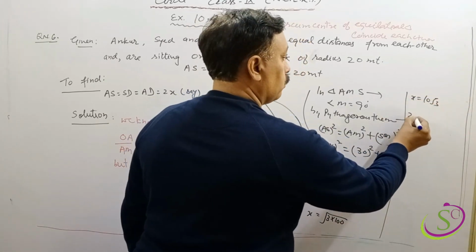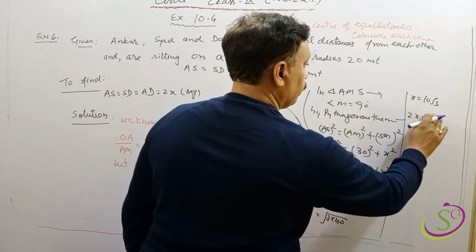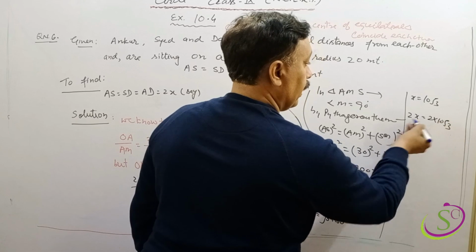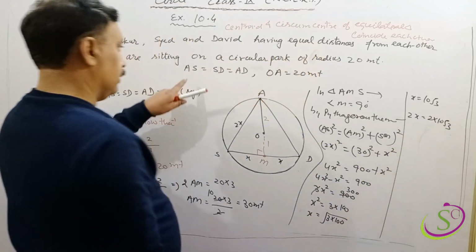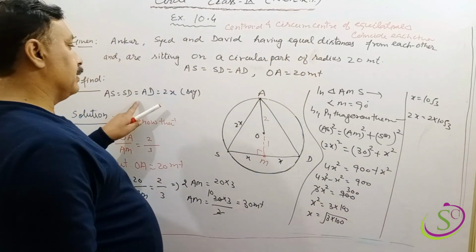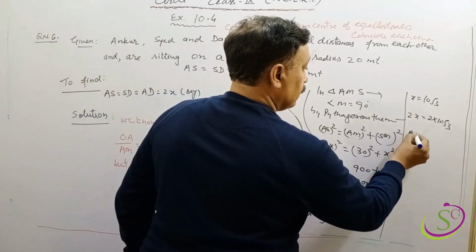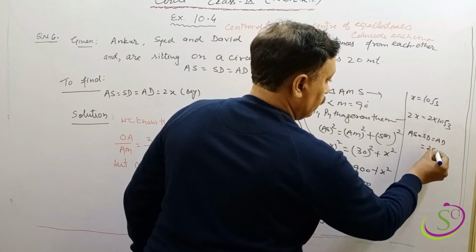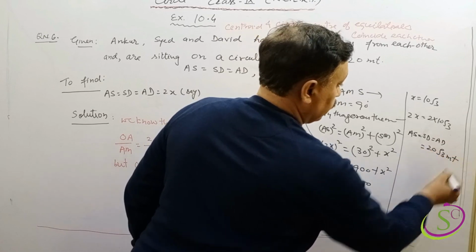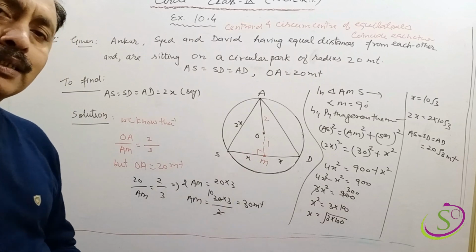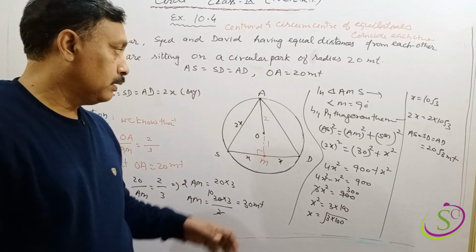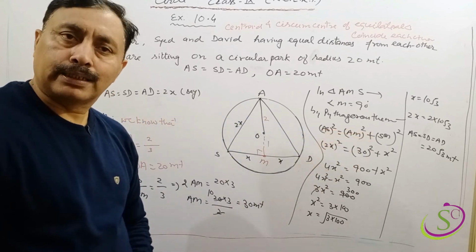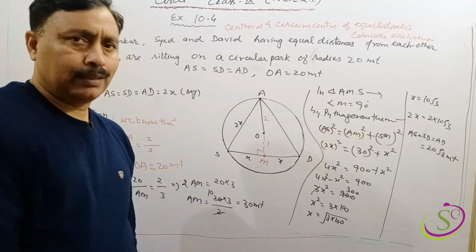Multiply it, so twice of x equal to how much? 2 into 10 root 3, and 2x is AS, SD and AD. So AS equal to SD equal to AD equal to 20 root 3 meter. Means the length of the string by which the boys are playing is 20 root 3 meter. Is it clear? Very important question.